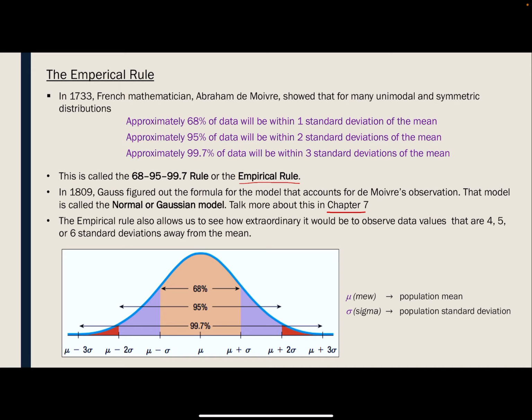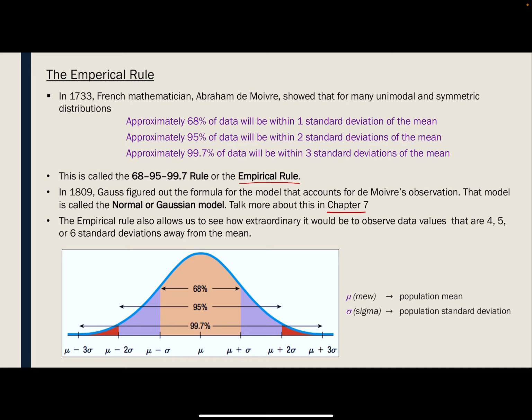But until then, we're going to stick to this empirical rule, and one of the things to keep in mind is it doesn't just tell us where we will find data, but it will also tell us where we won't find data. So, for example, because of this observation, we know that if there are data values that are 4, 5, or 6 standard deviations, either above or below the mean, that would be very extraordinary and maybe something we should question.